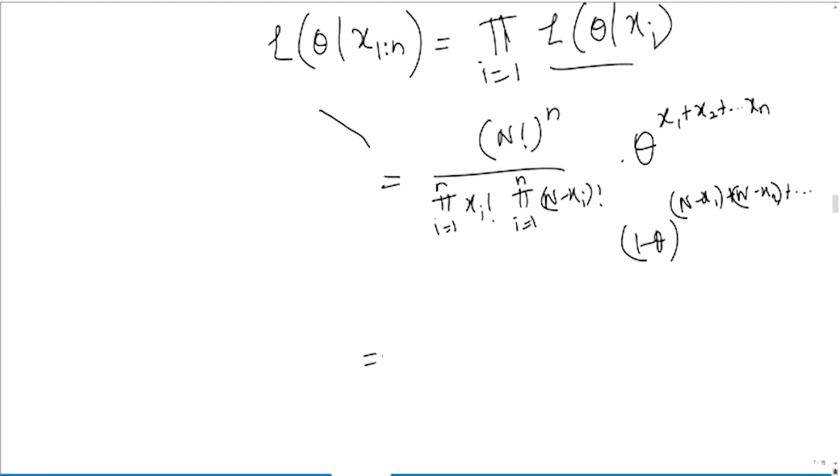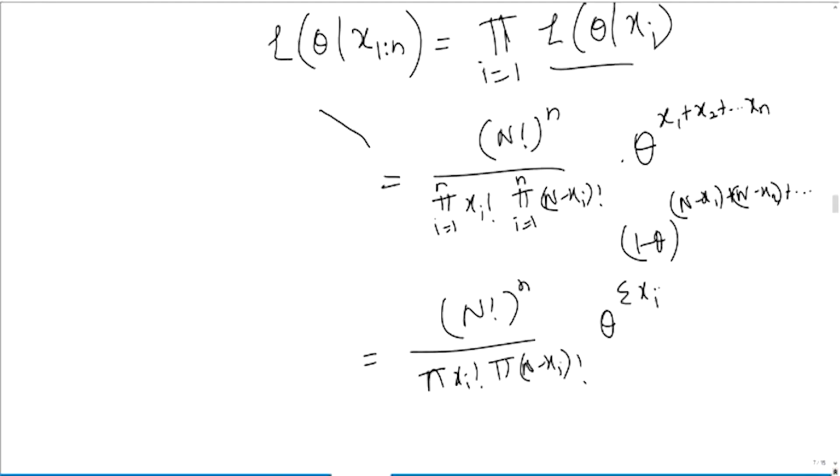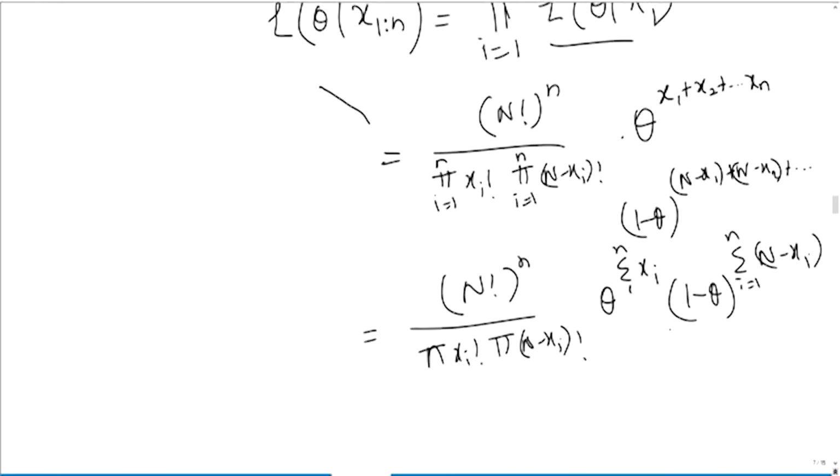So, you can rewrite it in a simpler form like this: n factorial to the power n over the product of xi factorial, product of n minus xi factorial, okay. Then theta to the power summation xi, 1 minus theta to the power summation n minus xi, and the summation is from i equals 1 to n. Okay. So, this is the likelihood.